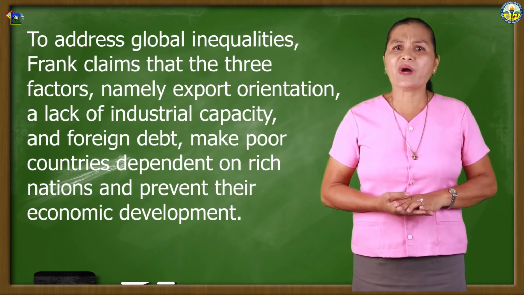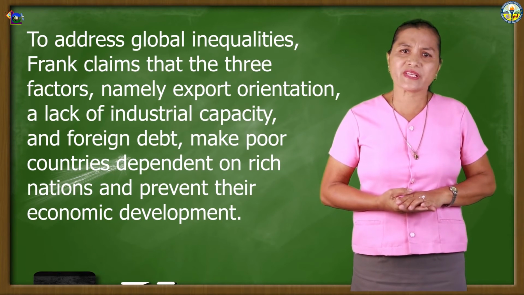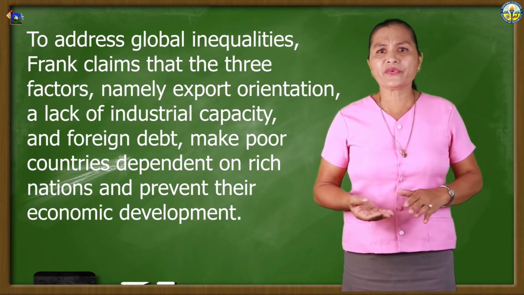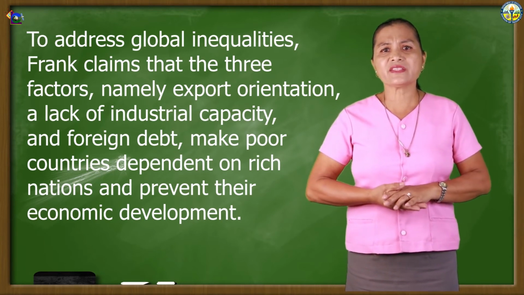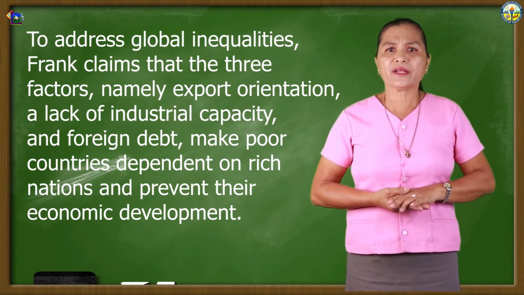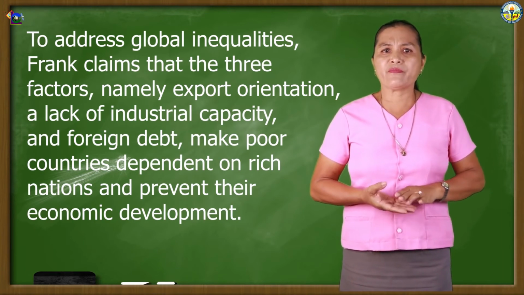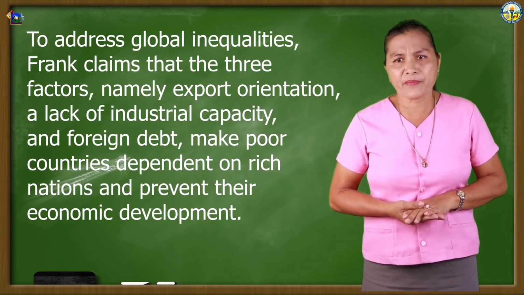To address global inequalities, Frank claims that three factors, namely export orientation, a lack of industrial capacity, and foreign debt, make poor countries dependent on rich nations and prevent their economic development.